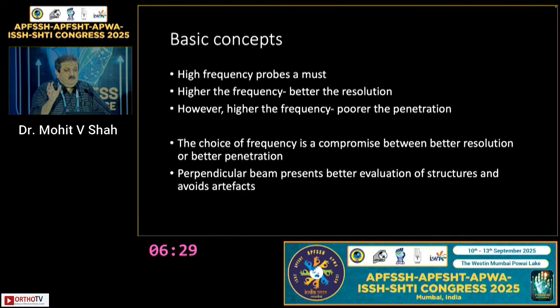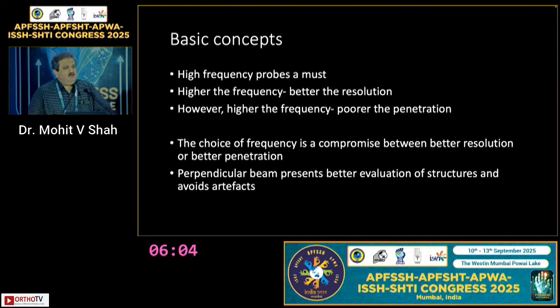Meaning that if I am looking at a very superficial lesion, then the frequency has to be highest. But when I'm looking at a slightly deeper structure where I need penetration, I need to go down on the frequency. So the choice of frequency is a compromise between better resolution and better penetration. So you choose which probe you would want to have.